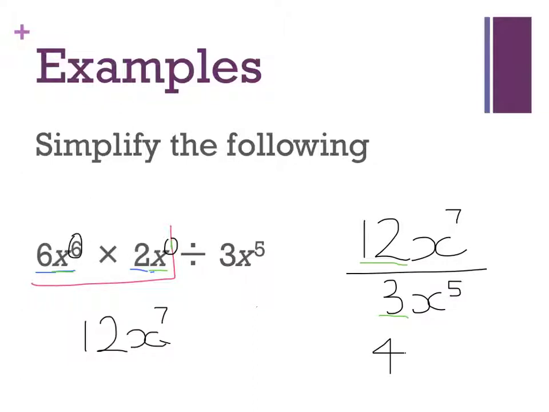Okay, x to the power of 7, x to the power of 5. 7 subtract 5 becomes 2. So it's like I've got 7 x's on the top and 5 x's on the bottom. I cross out 1 for 1. That would leave me with 2 on the top. So my answer for this one becomes 4x to the power of 2.